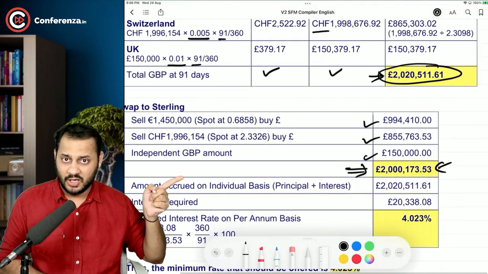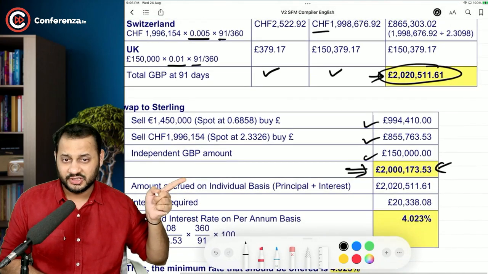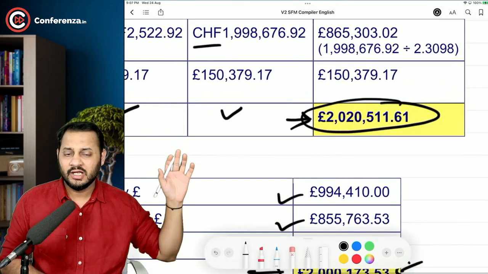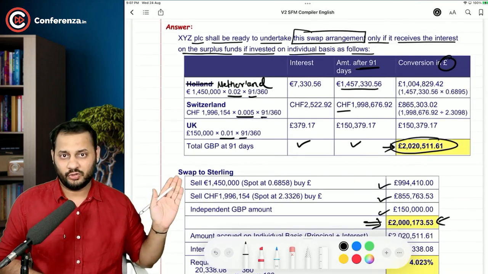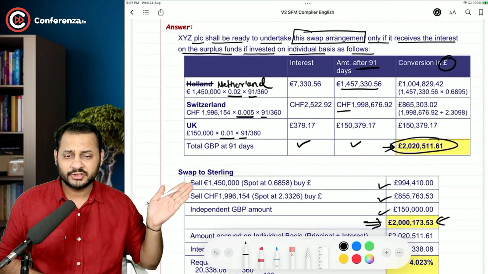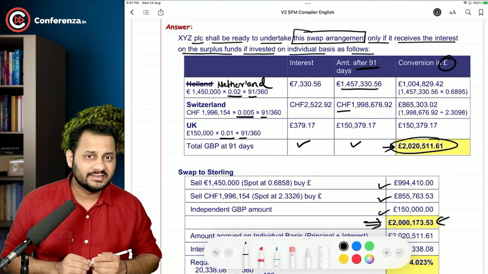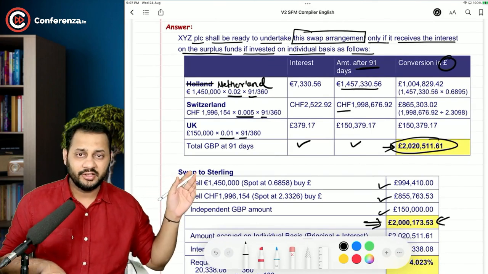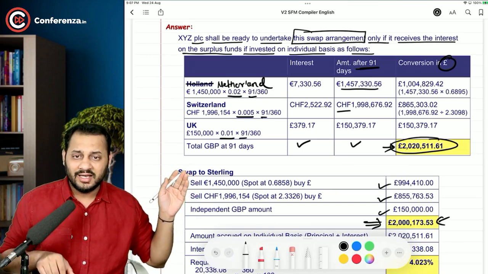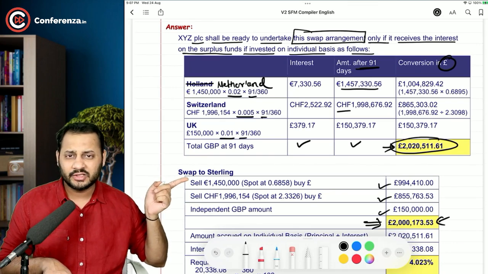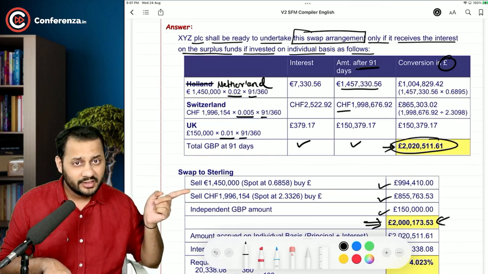Because if this amount along with the interest is lower than 20,20,511, then we will never swap all the cash flows, that is euros and CHF, into sterling. You just analyze this thing. If swapping into sterling will give you less of the cash flows than this, then why will you swap the cash flows into sterling? You will not do that, right?